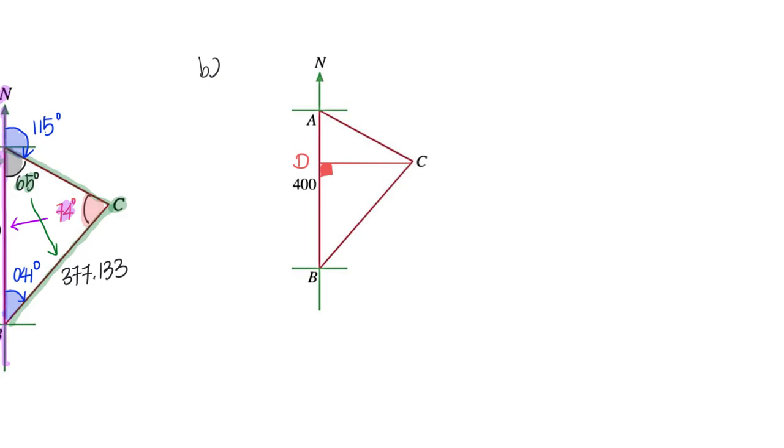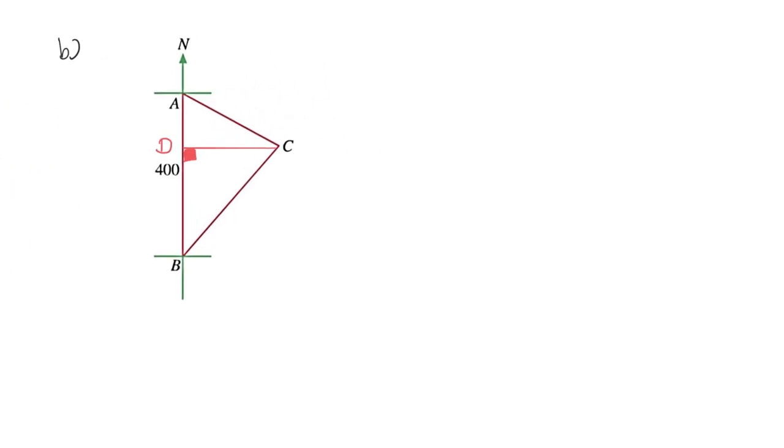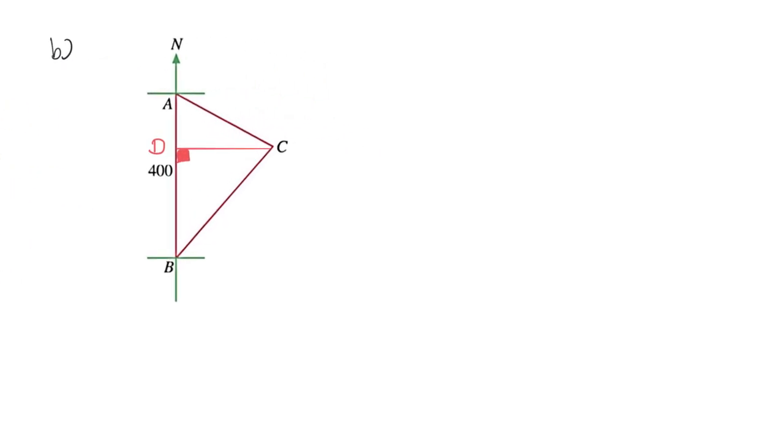Once I have D to be the shortest distance, we can focus on this right angle triangle here. Previously, we know that the bearing here is 041 degrees. We got the angle here. We also learned from part A that the length BC is 377.133 meters.